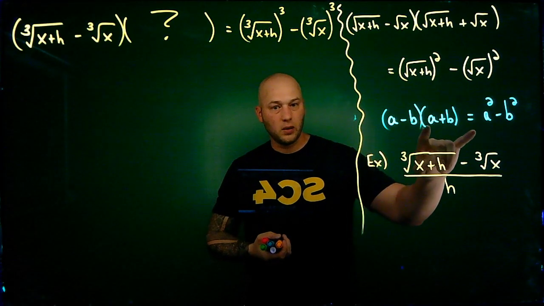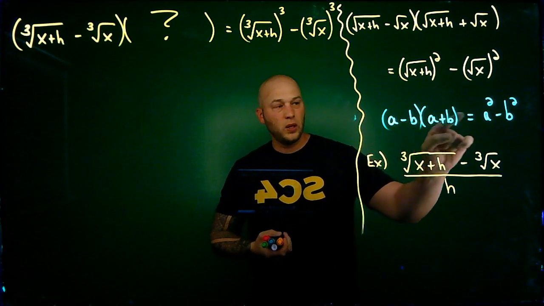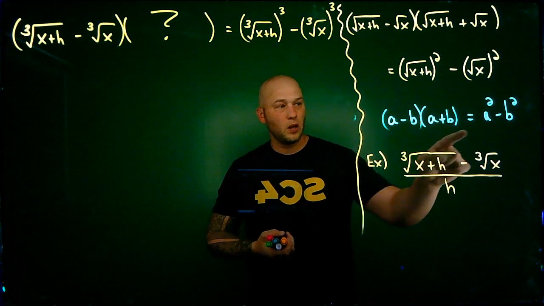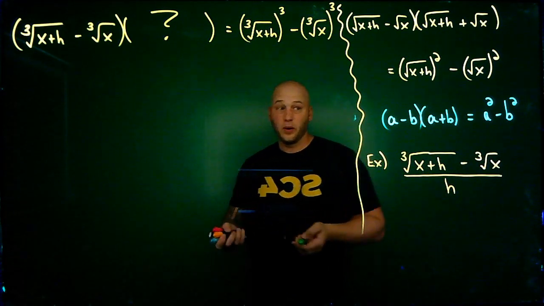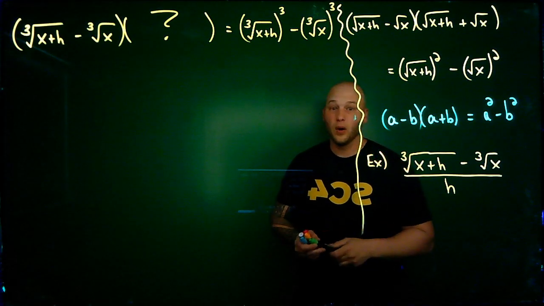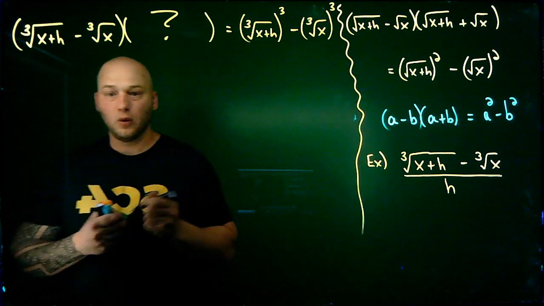Well, this right here is the key. Notice if I had a square root, we used the difference of squares factorization formula. Well, there is a very similar thing for cubes, right? The difference of perfect cubes.